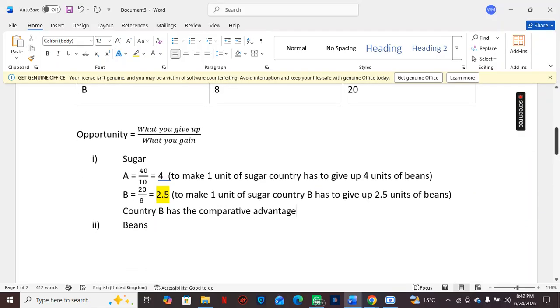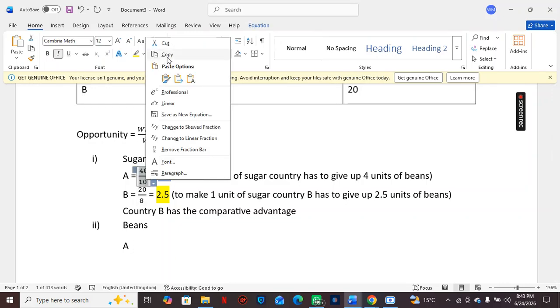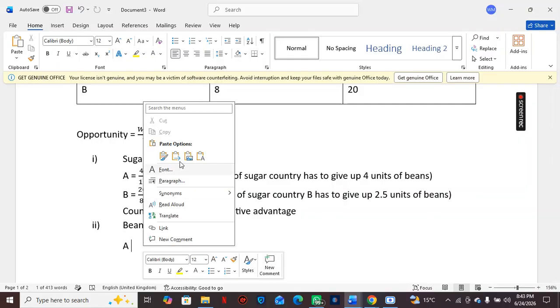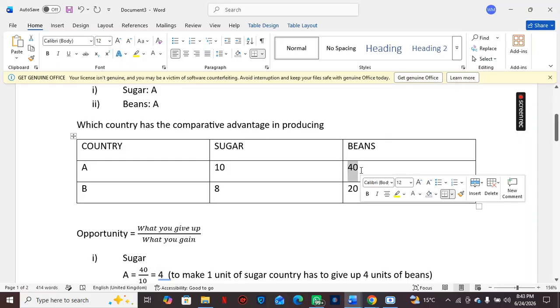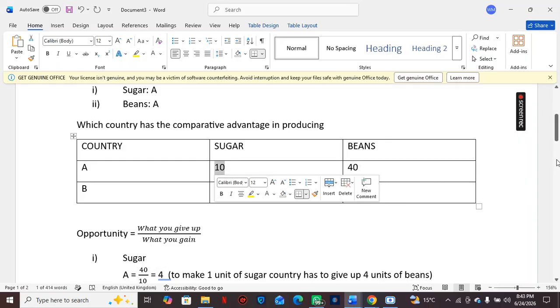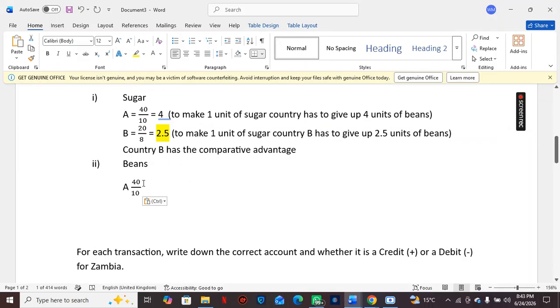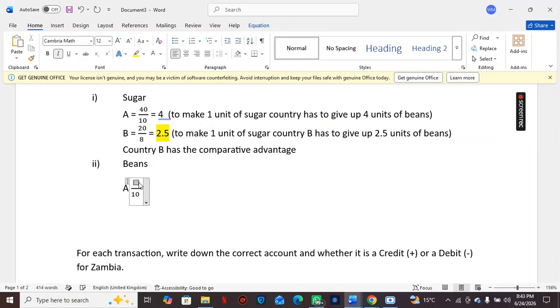All right. So for beans, same thing. For country A to make 40 beans, it has to give up 10 units of sugar. Remember, what you give up, 10, over what you gain. 10 over 40 is 0.4.